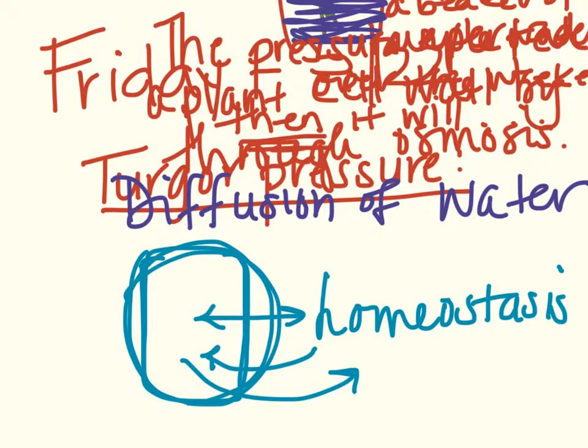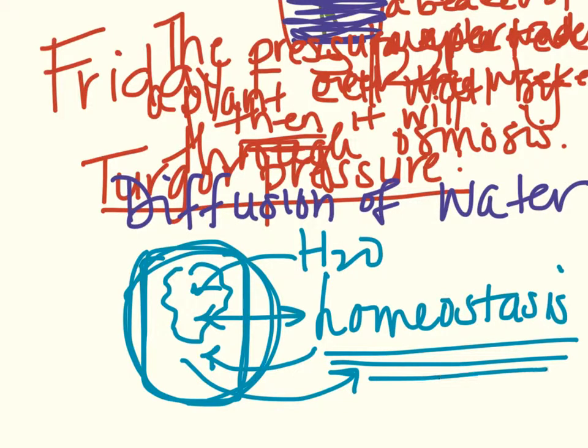If too much water is on the outside, then this cell is going to start to shrivel up and water will go in so that it's even. All cells want homeostasis. So again, make sure that you have the definition of turgor pressure, and just make sure that you rewind this video so that you can write that down.